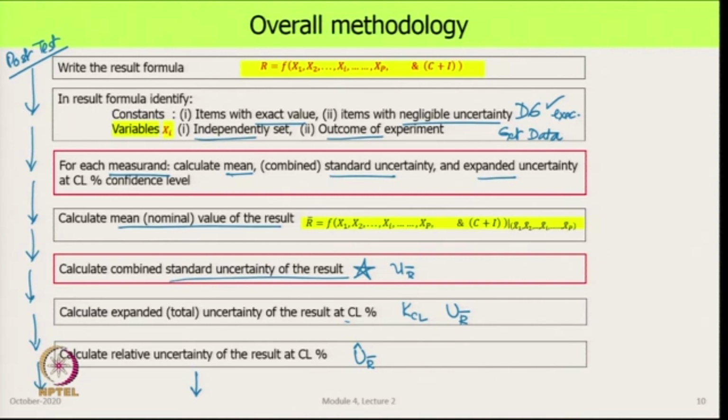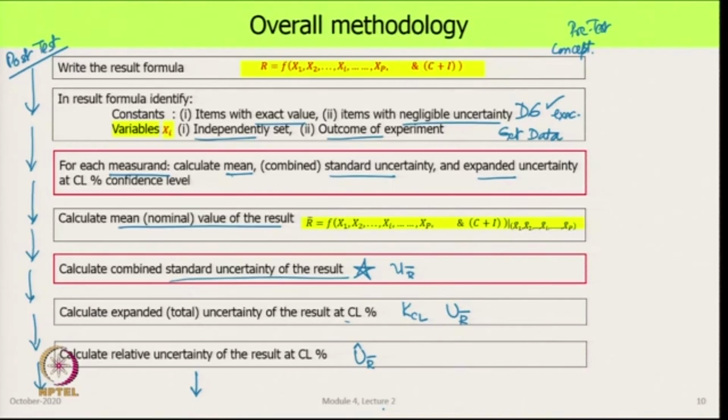Now, we look at the pre-test scenario. Our concept design is done, so we know the result formula. In the pre-test, we are looking at it as a fresh case where we have to make a setup from scratch.